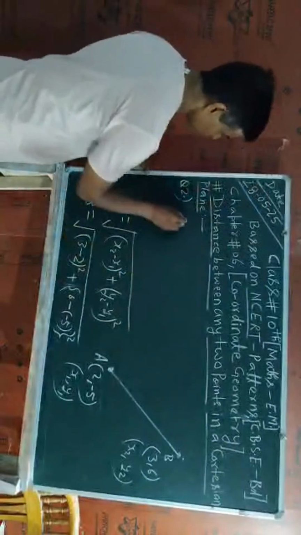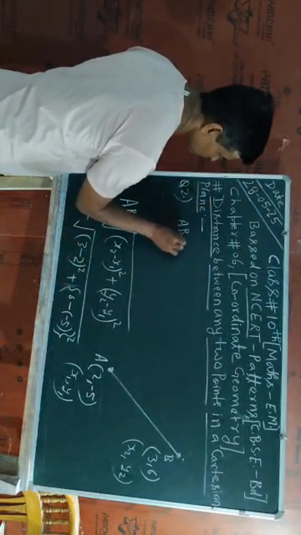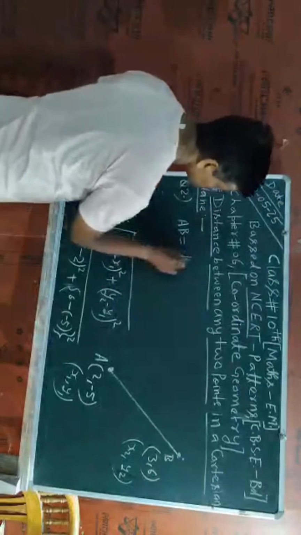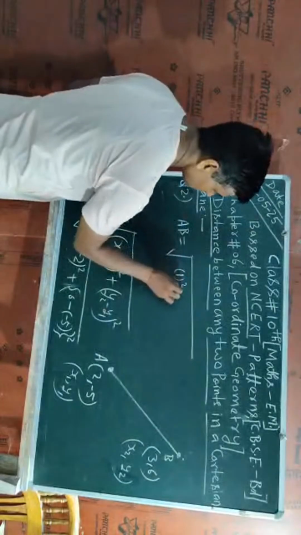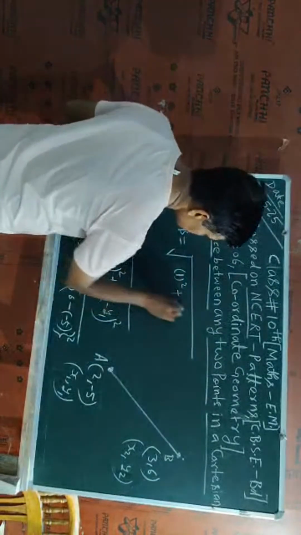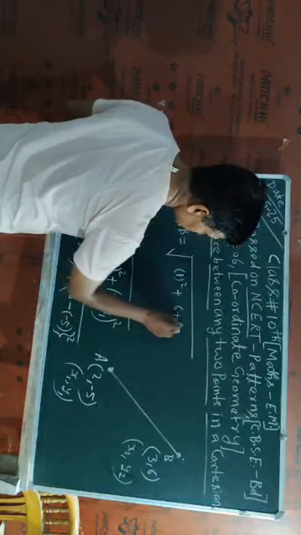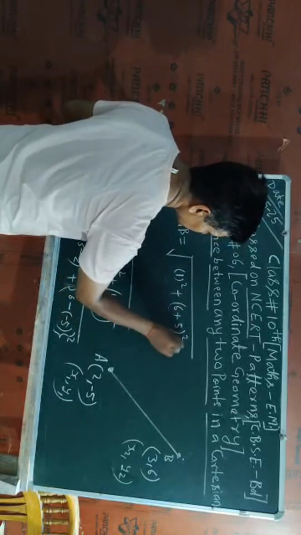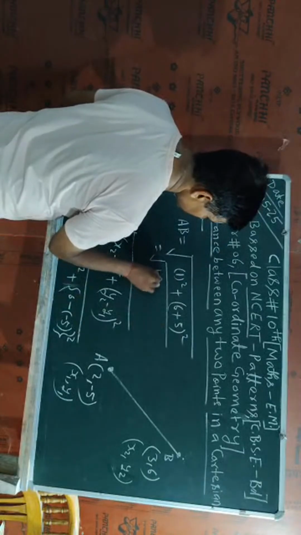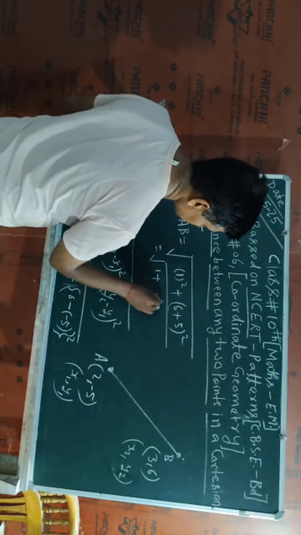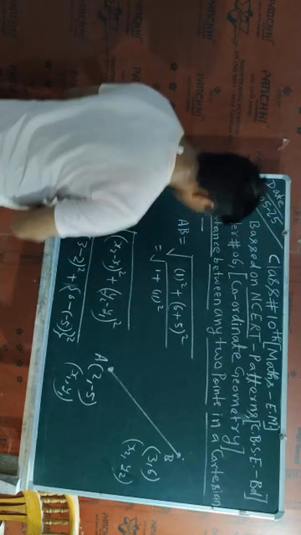Now here I have AB which is equal to the square root of 3 minus 2, that will be 1 whole square, plus here 6 minus minus, that will be plus, here I will put plus 1, so 6 plus 1, 11 whole square.